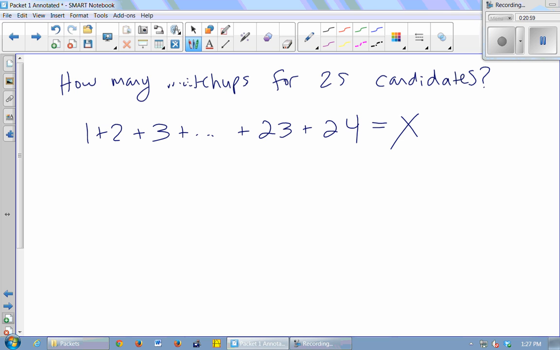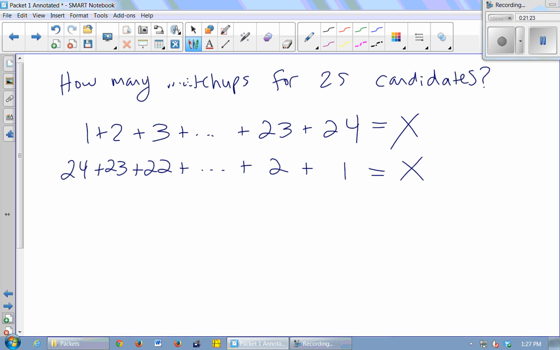So he said, well, if I write them all out, 1 to 24, it's got to equal something. And because you can do addition in any order you want, I could write them out backwards, right? I could write this list out backwards and say 24 plus 23 plus 22 down to 2 plus 1 has to equal the same thing, right?